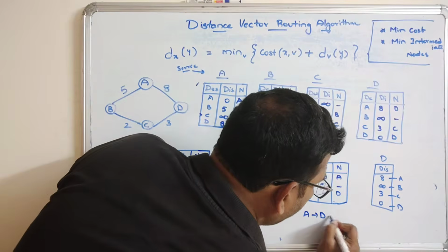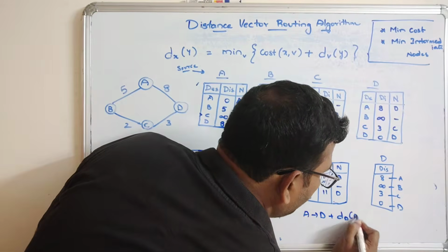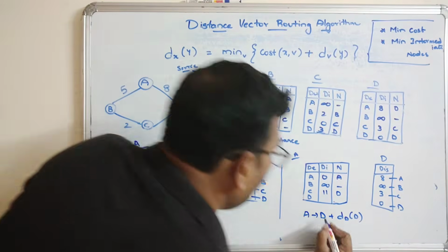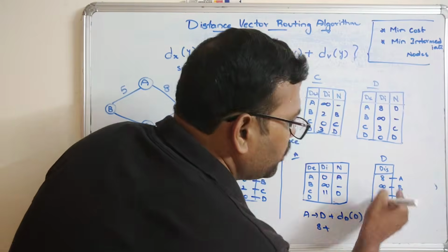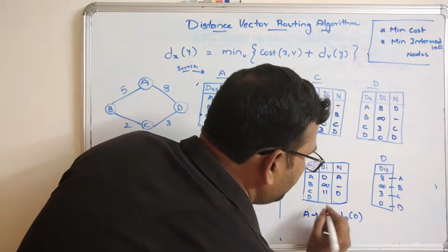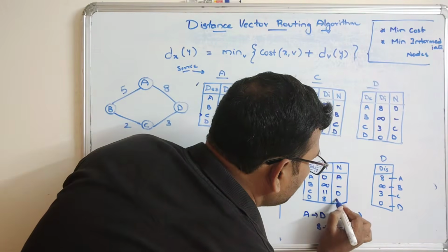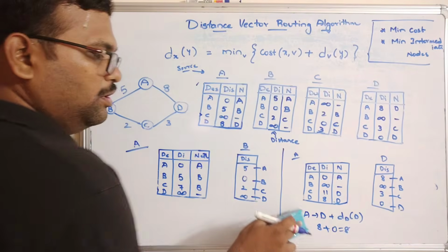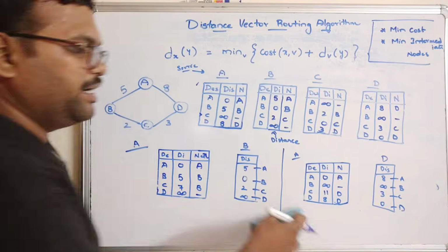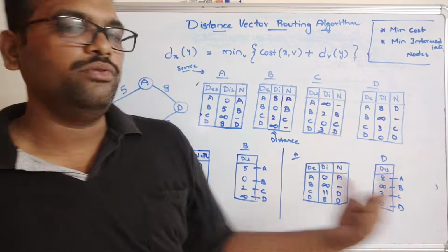So A to D plus distance of D to D. A to D cost is 8 plus D to D cost is 0, which is 8. So it requires 8 with next hop D. So this is the routing table we got with respect to D.